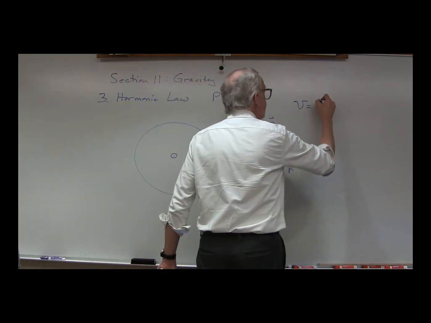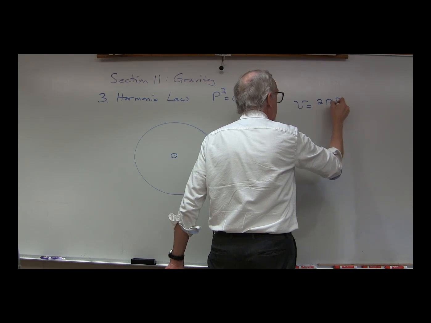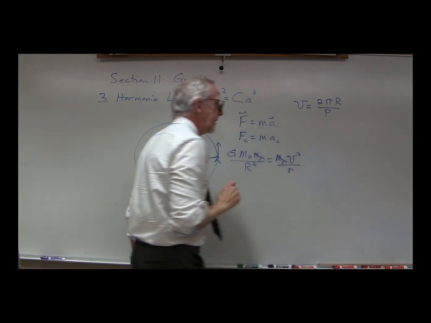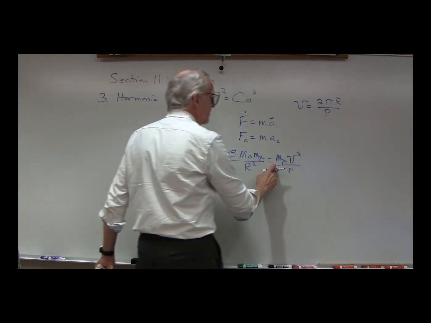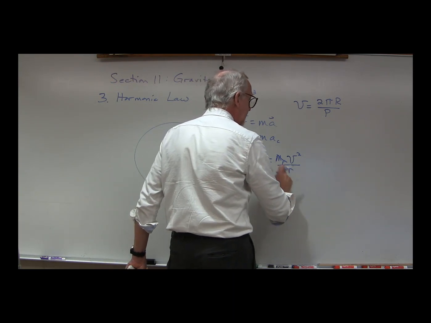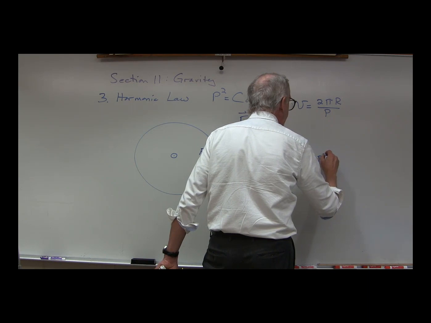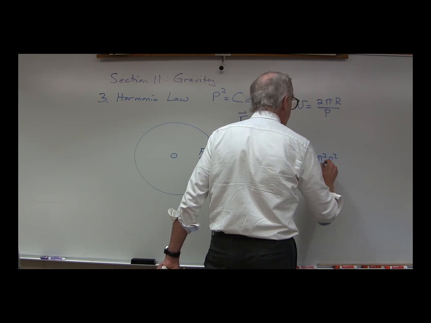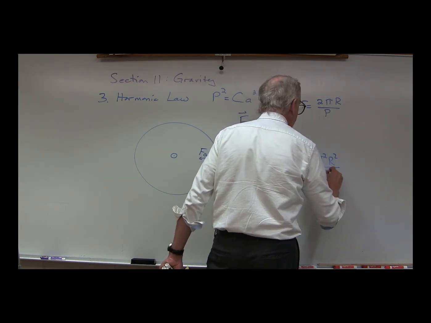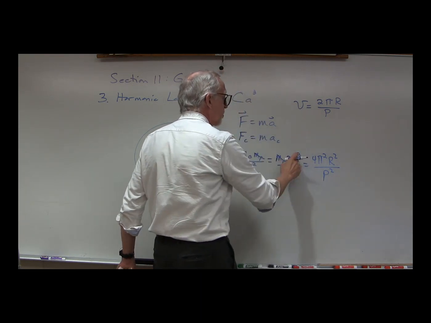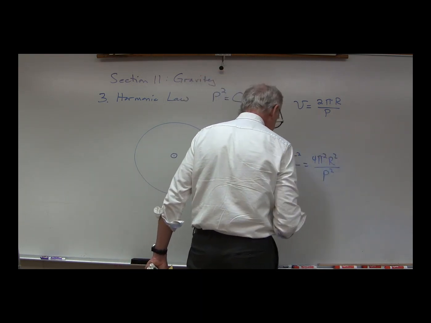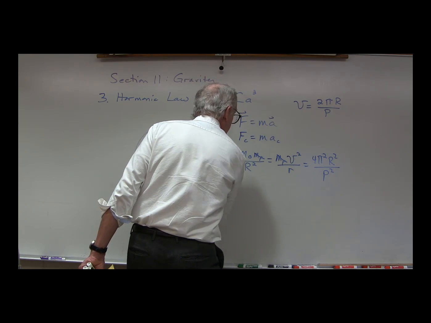So v is 2 pi r over the period P. So what do we get on this side? r becomes capital R, so we have v squared, which is 4 pi squared r squared over P squared. Then we divide by r, which gets rid of one of the factors of r.